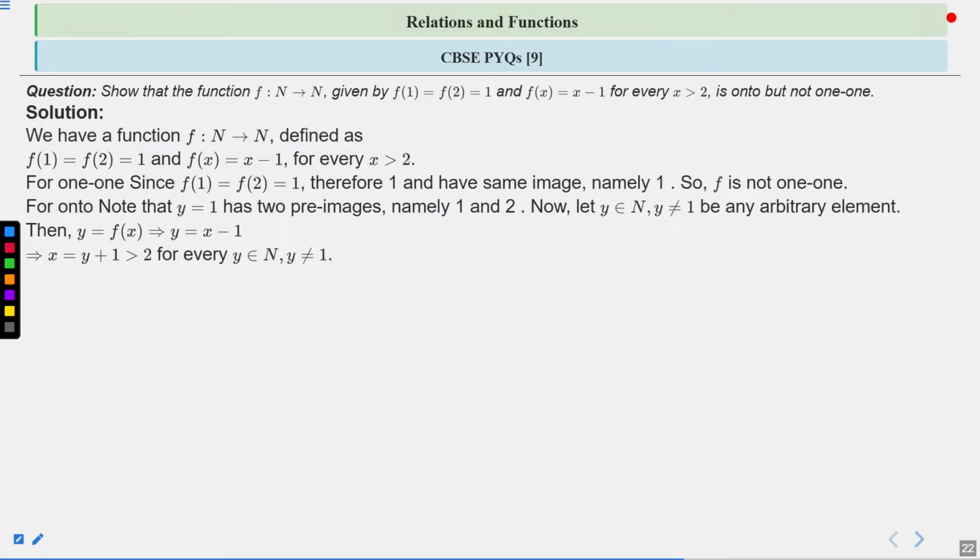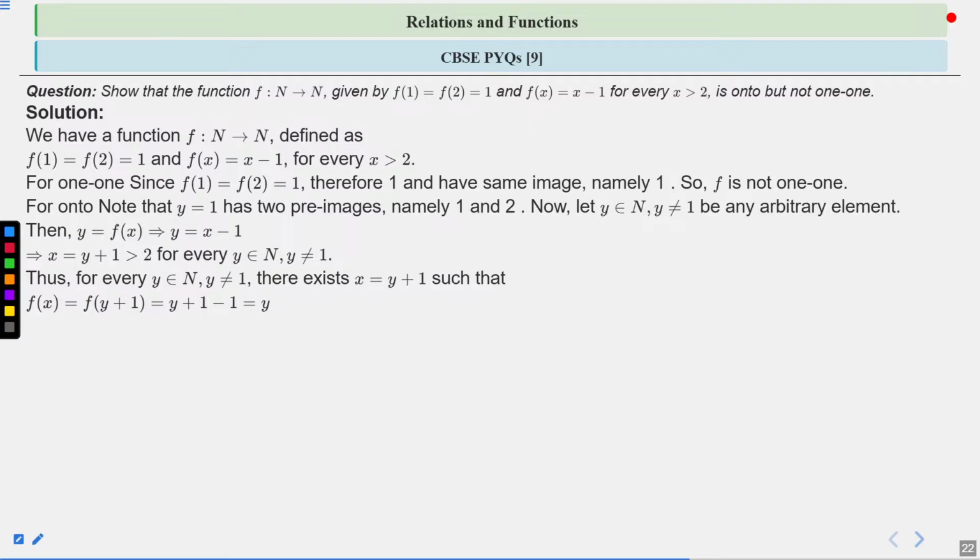Now since x is greater than 2, y + 1 is greater than 2 for every y belonging to natural numbers and y not equal to 1. Thus for every y in N, y not equal to 1, there exists x = y + 1 such that f(x) = f(y + 1), because x has been written as y + 1.